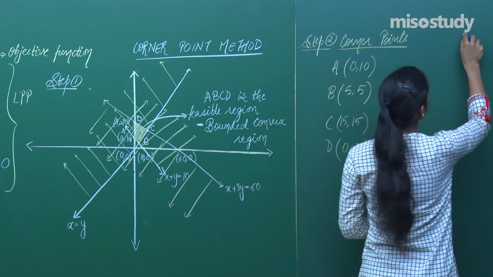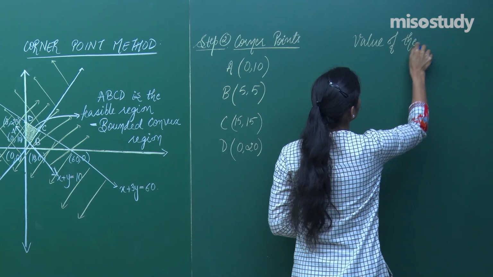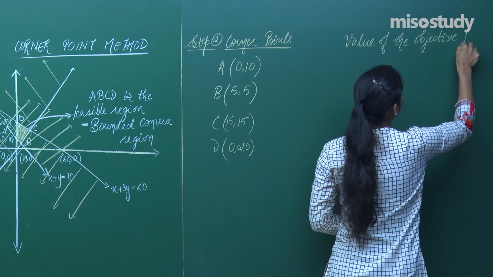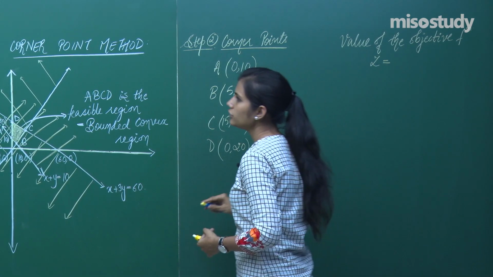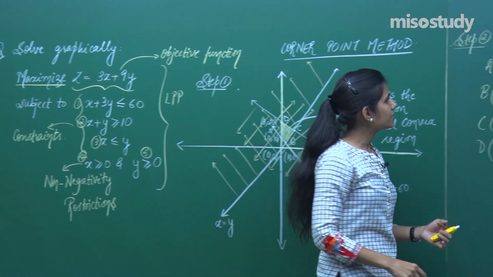Let's find out. Value of the objective function z, which is given to me as 3x plus 9y.